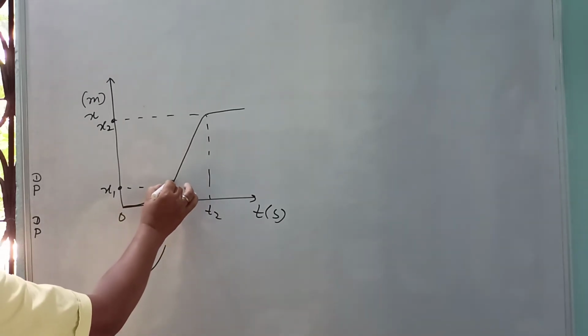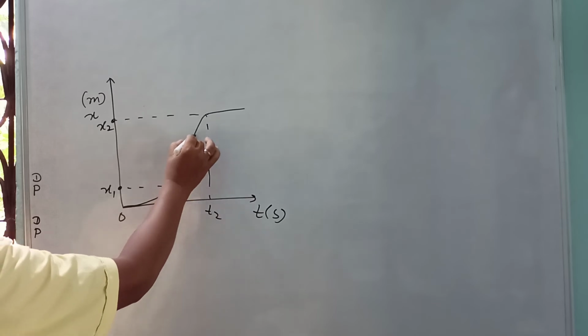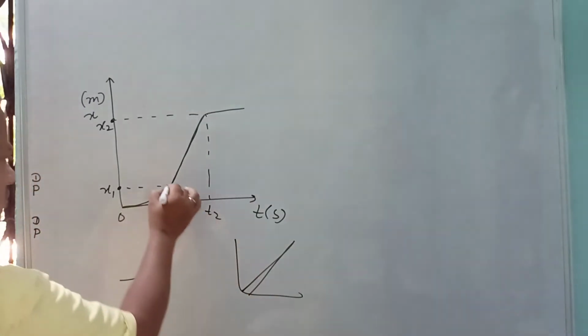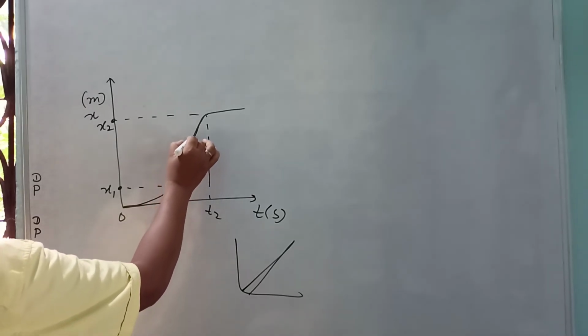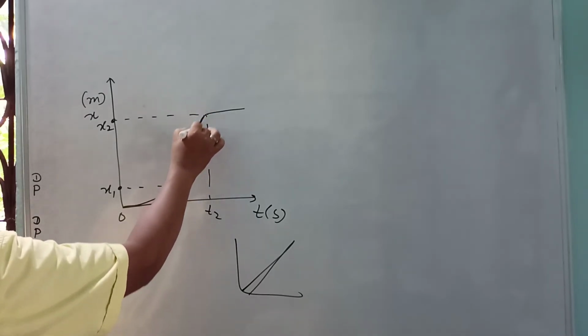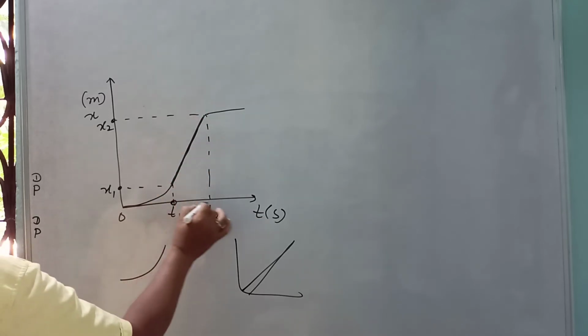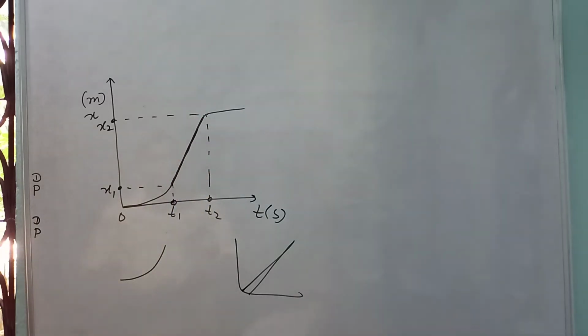But from this point, it is a straight path. So this gives you uniform motion of the body. From T1 to T2, the distance is increasing at a constant rate, I mean equal distance in equal interval of time.